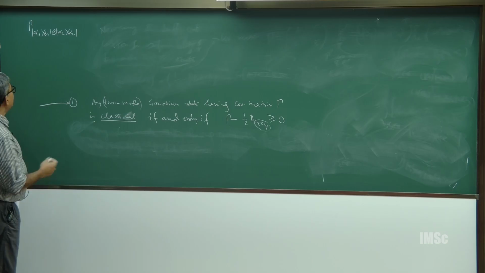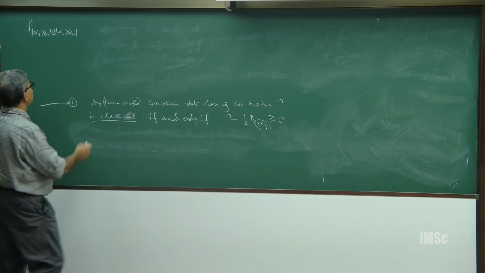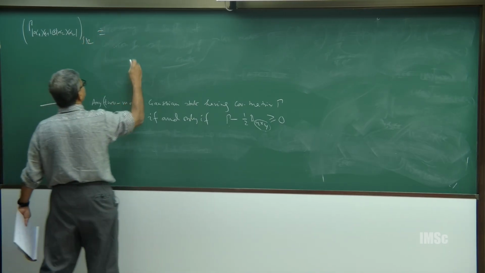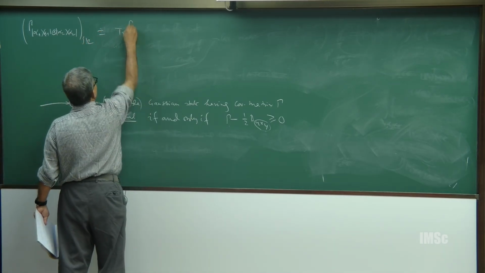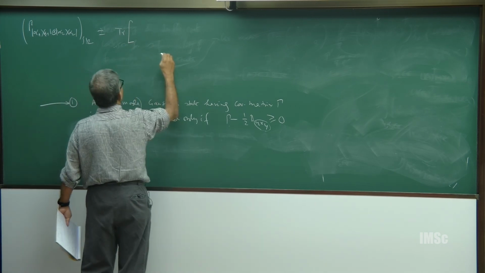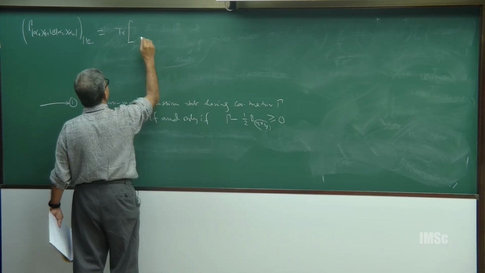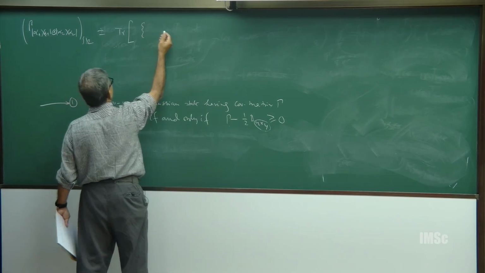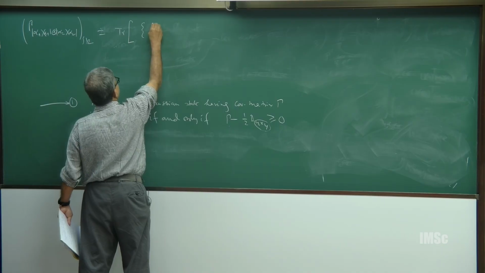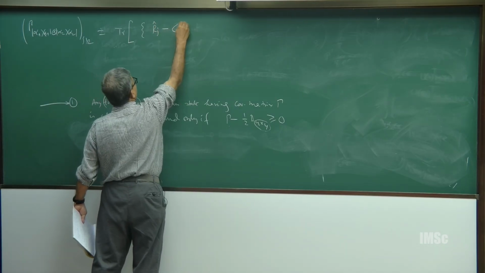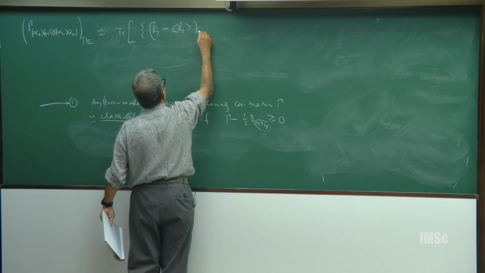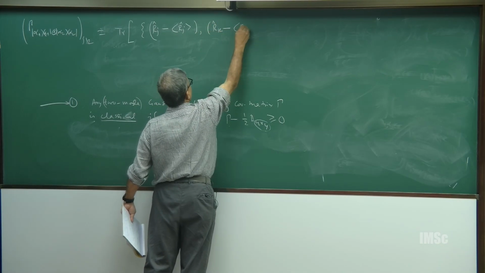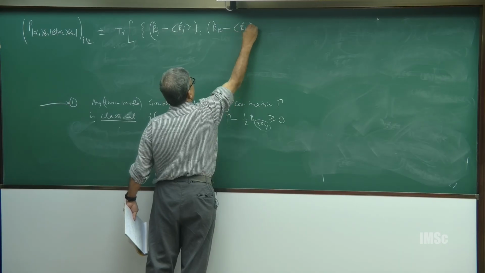If I look at that, then its jk-th entry will be the trace over the anti-commutator of R_j minus the average of R_j and R_k minus the average of R_k.